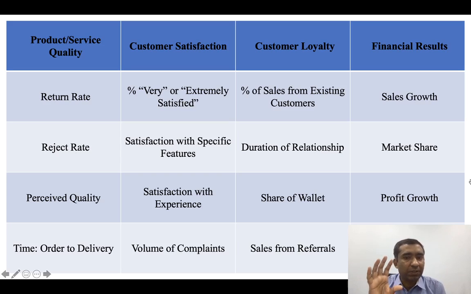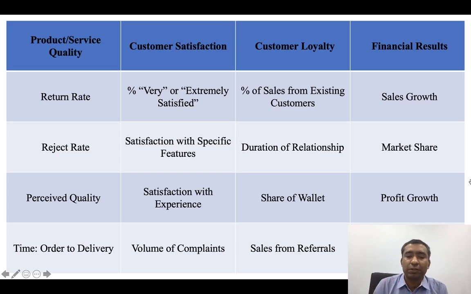Then you have to check the relationship of the duration, whether your customers are loyal to you or not. That will increase your market share. Then perceived quality: if your product quality is higher, how many people are having a better experience with your product quality.